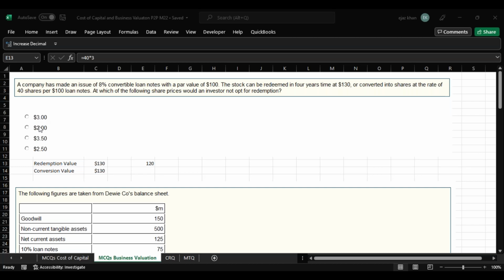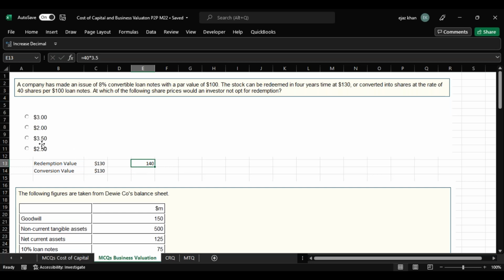Similarly, if that's not the price, 2 cannot be the price. 2 is lower than 3. So 2 can't be the price. 3.5 might be the price, but 2.5 can't be the price because it's again lower than 3. So it's probably going to be $3.5, but let us calculate. Instead of using 3, let's calculate 3.5.